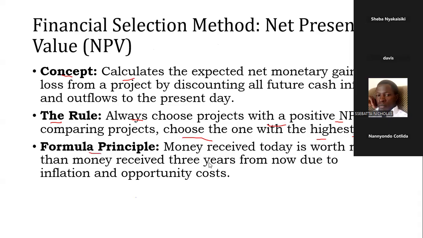Then you have the principal formula. Money received today is worth more than money received 3 years from now due to inflation and opportunity costs. So you don't just look at the money that you may receive in future, but even at the present time, what are we going to save now?